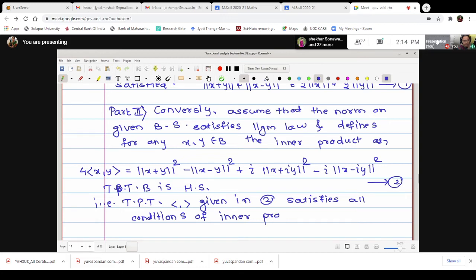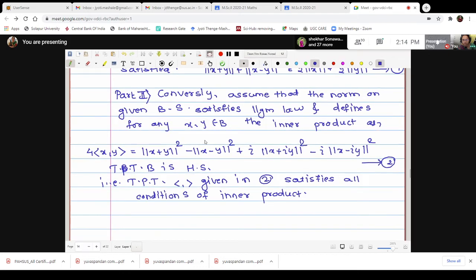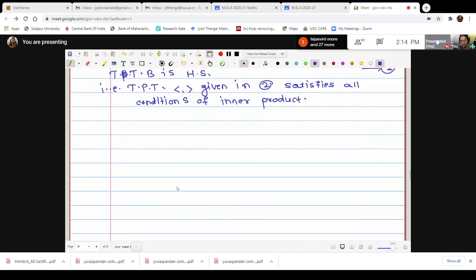Let us make it very clear again how many conditions there are to prove. I will write all the conditions one by one. First condition: inner product of x with x is greater than or equal to 0. Second: inner product of x with x is equal to 0 if and only if x is equal to 0. Third is conjugate symmetry, that is, the conjugate of inner product x with y is inner product y with x.